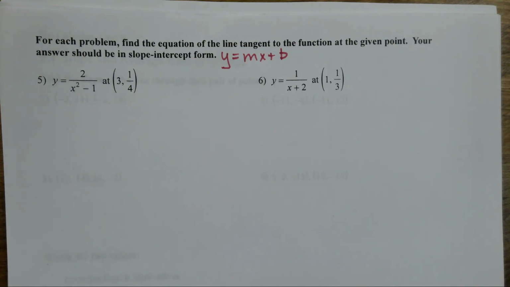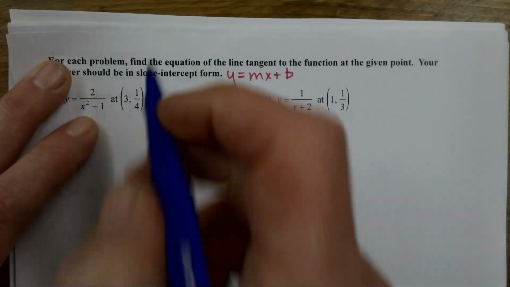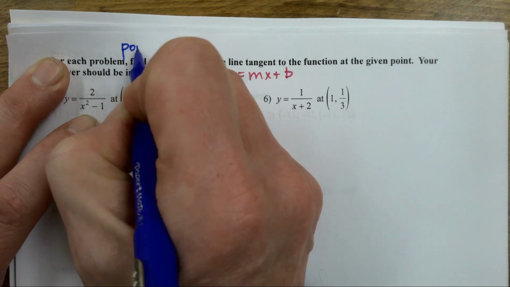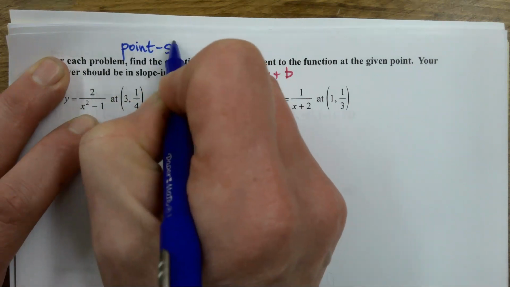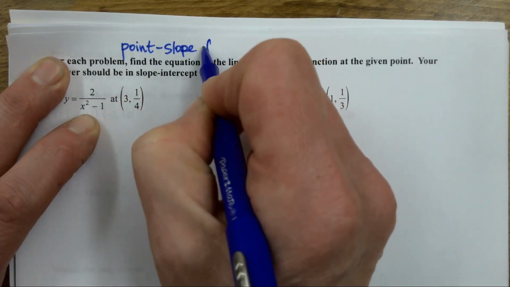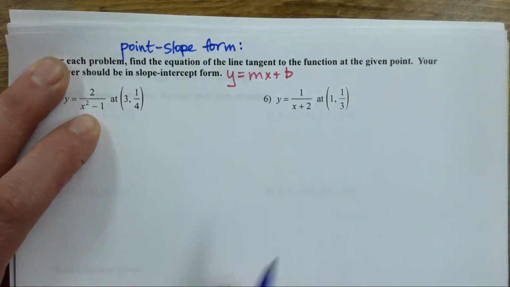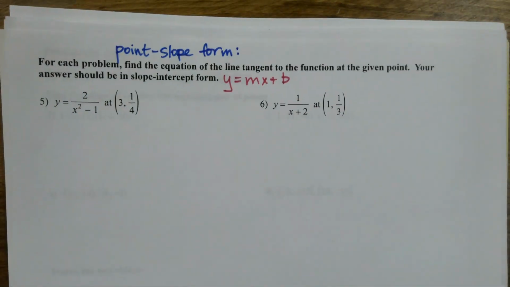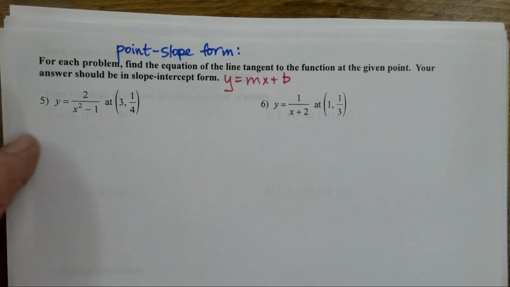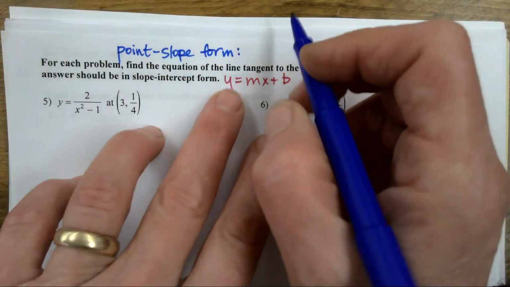I am going to be doing this using another form of an equation, and the other form of the equation is called point-slope form. And it's called that way because if I know a point and I know the slope, I can plug it in pretty easily and find my equation. And point-slope form looks like this.